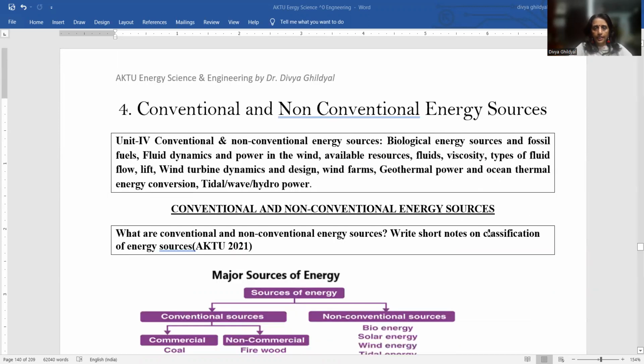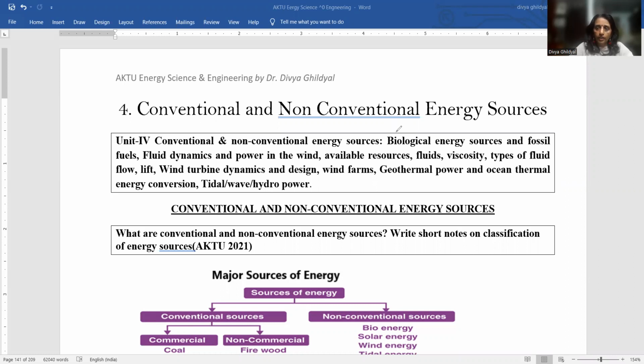Let us now see what is the syllabus for your Unit 4. Conventional and non-conventional energy sources. This is a theoretical paper with 10-mark questions coming in section C, where you have to write a lot.